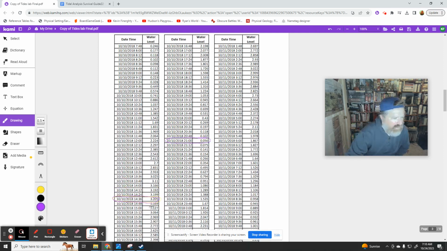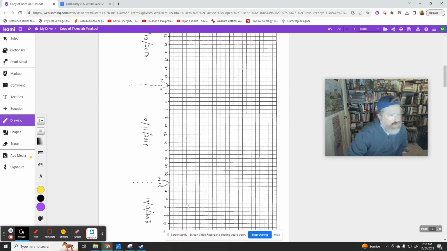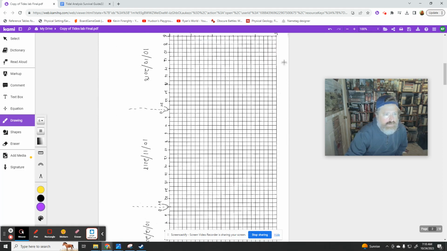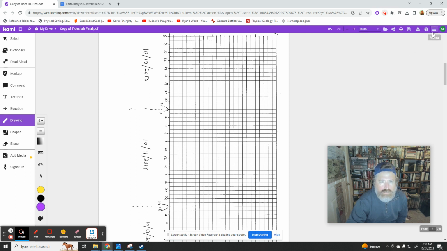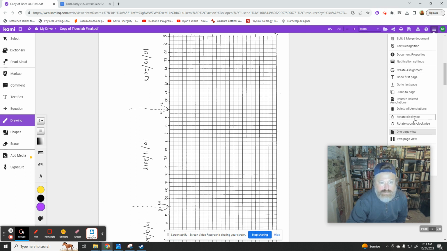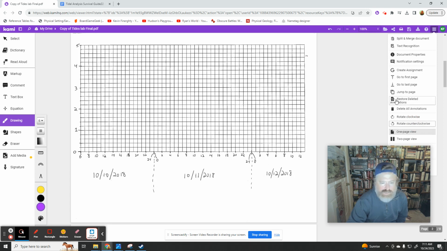So let's do one of those for you. I'll turn my pen to a bigger size. 10/10/2018 at 14:36. It is 3.2. What you can do right here, because the graph is sideways, is just hit that, then you'll spin it.